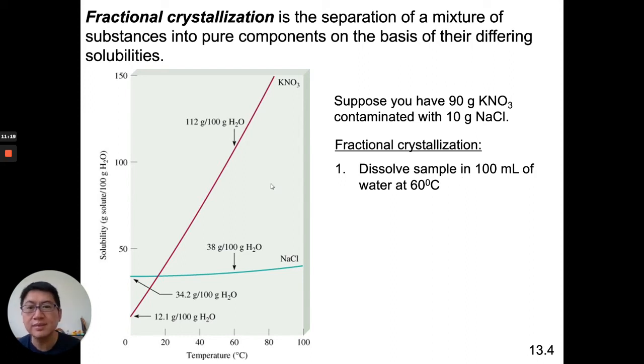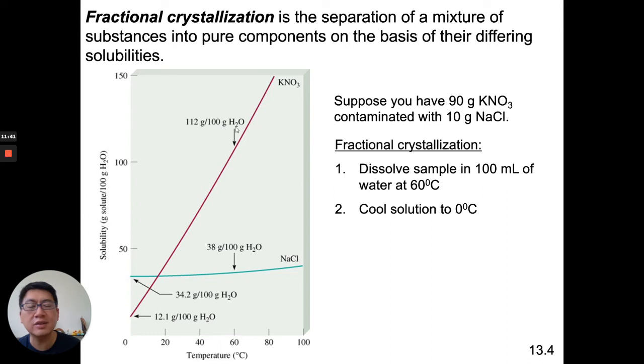And you can see that, well, it will dissolve. Why? Because 38 grams of salt will dissolve in 100 milliliters of water at 60 degrees Celsius. I have less than 38 grams of salt. And 112 grams of potassium nitrate will dissolve at 60 degrees Celsius water.